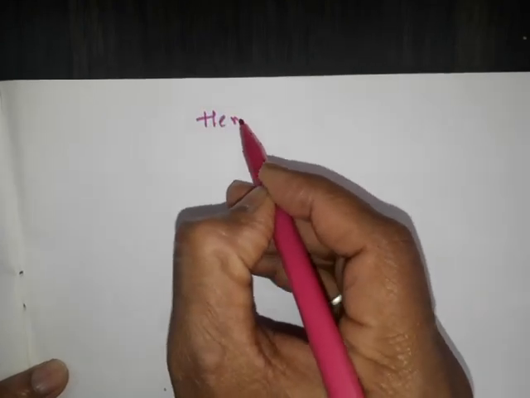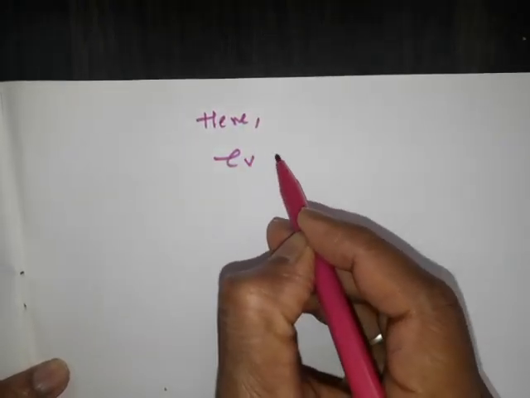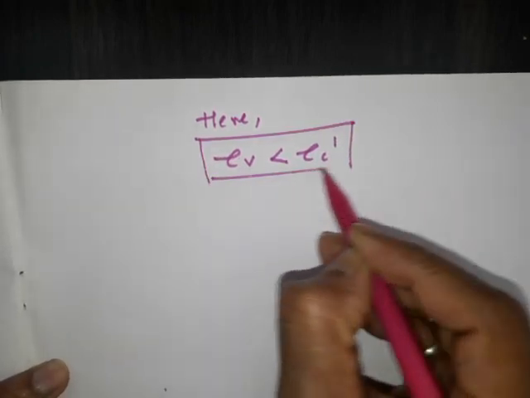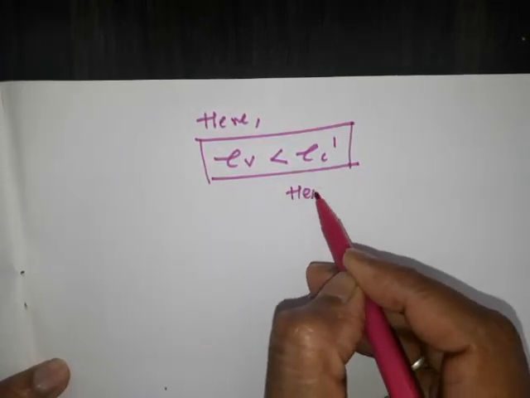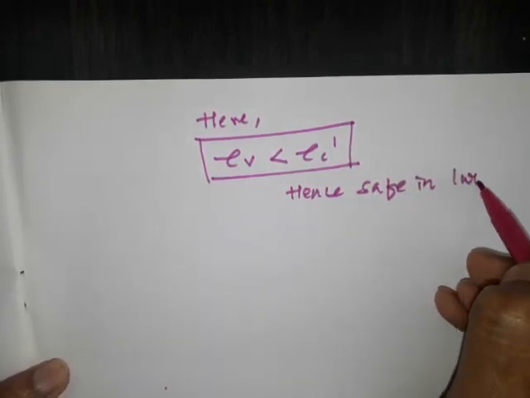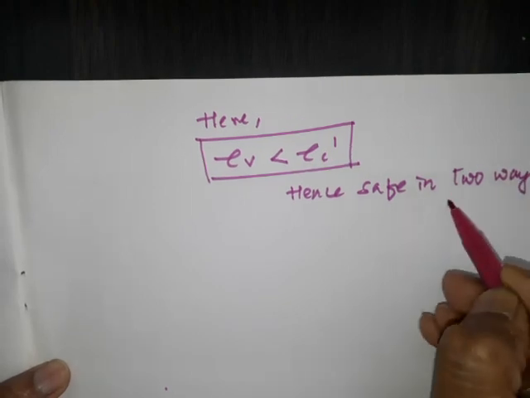Here tau v is less than tau c dash. Hence safe in two-way shear.